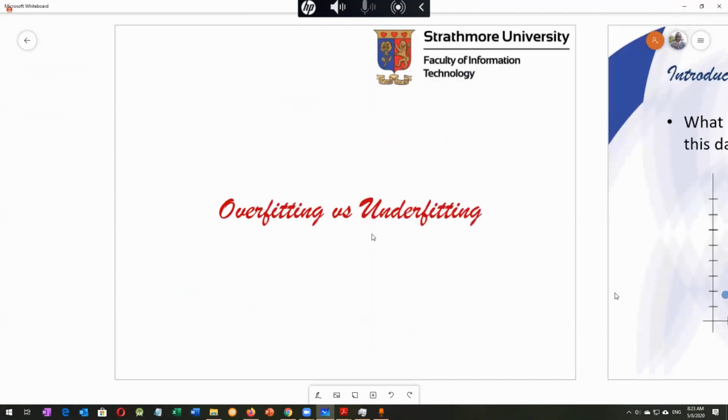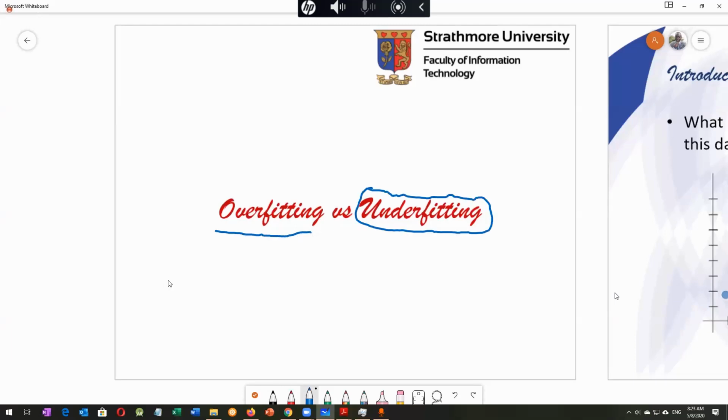I can now continue with over and underfitting, and this is today's topic. As I go into over and underfitting, you should try and track every equation. The equation is written like this.